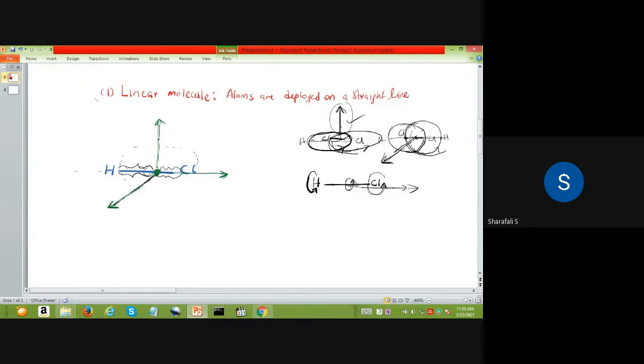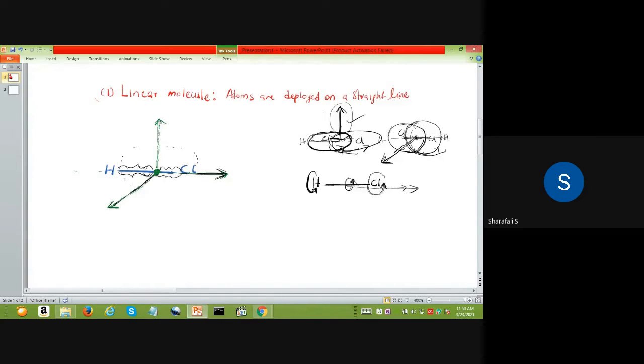So for these two axes, the moment of inertia about this axis and about this axis will be same because they have the same masses deployed with the same perpendicular separation from those axes. So they will have the same moment of inertia. But when you consider this axis, that will not have that moment of inertia.